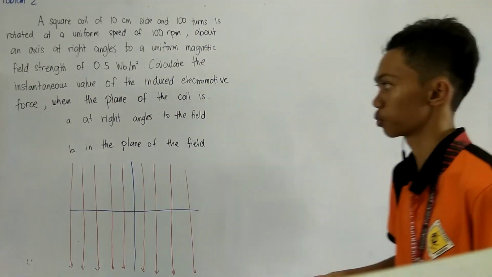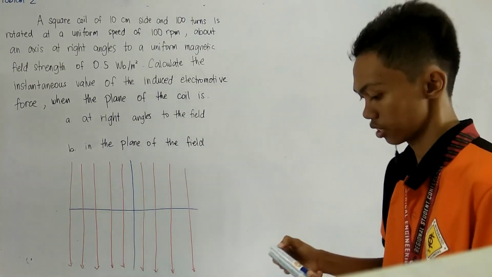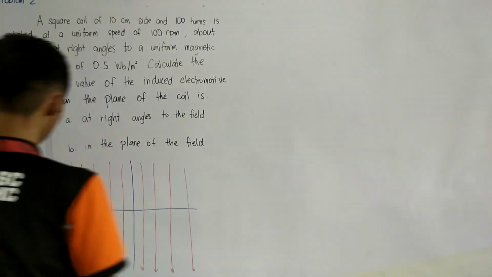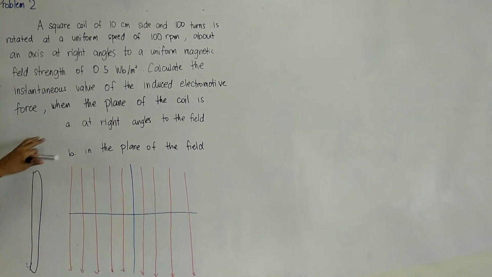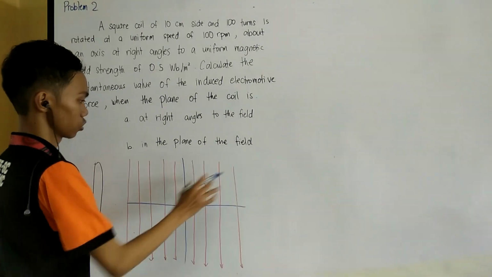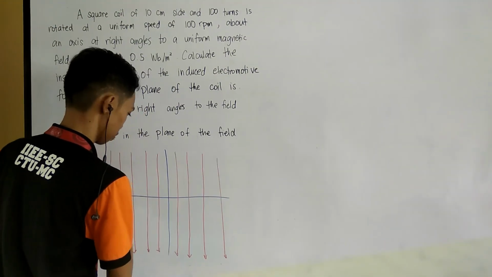Now, let us analyze what A means, so at right angles to the field. Let us consider our coil to be in a shape like this. If it says at right angles to the field, it will form perpendicular to the magnetic field. So our coil should look like this.